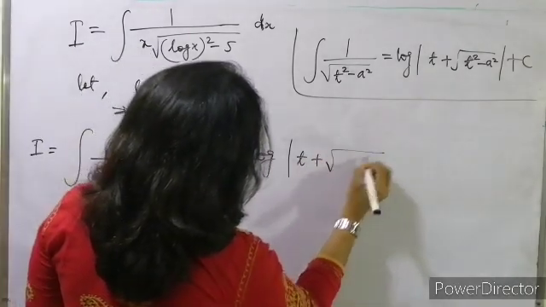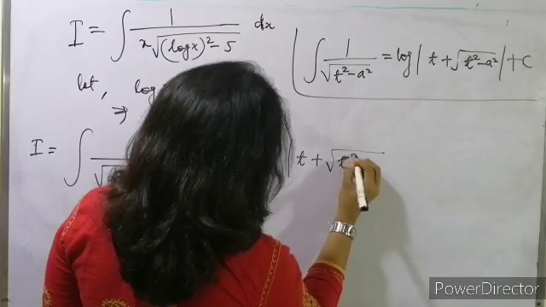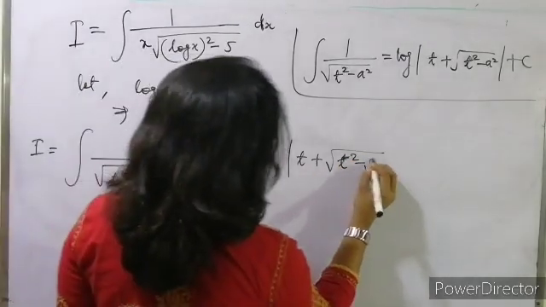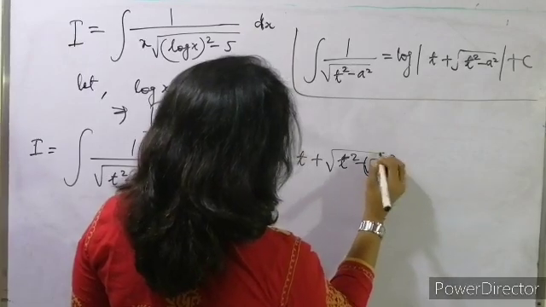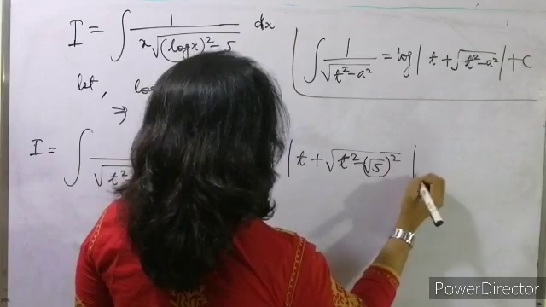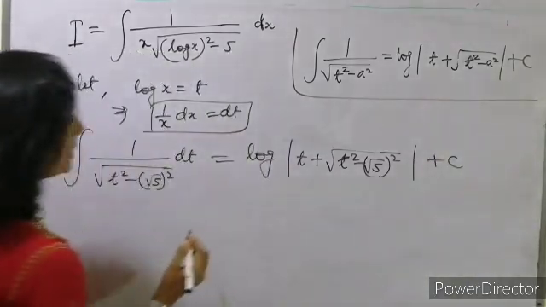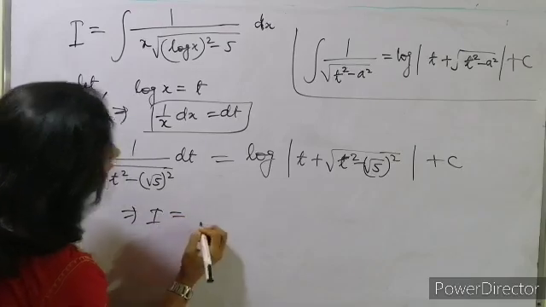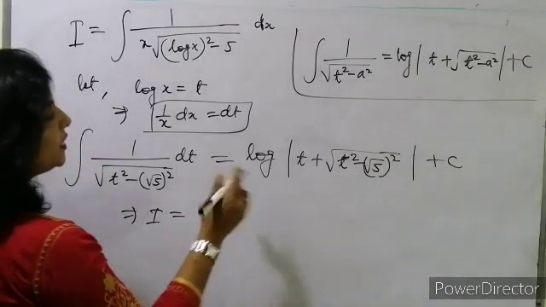Okay, t plus square root of t square minus square root of 5 whole square, and plus c, ये वैल्यू मिलेगा. Now I का वैल्यू क्या होगा, इंटीग्रल क्या होगा, we'll put the value of t.